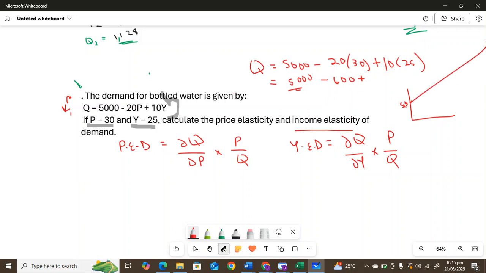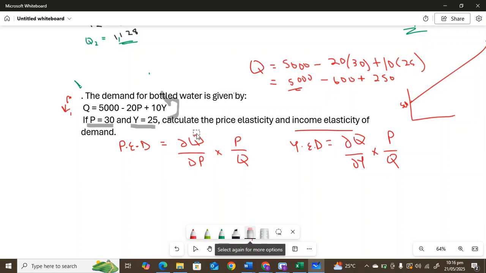Where it's 5,000, then it starts going up. So what does this 5,000 imply? That will be your homework.